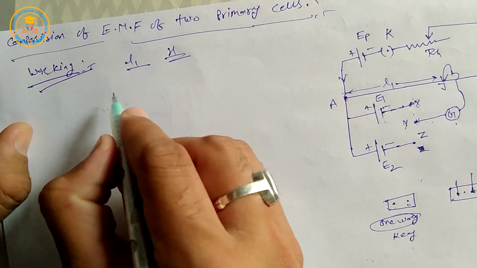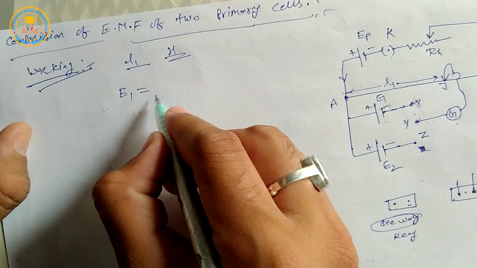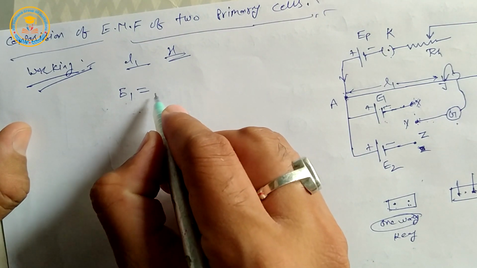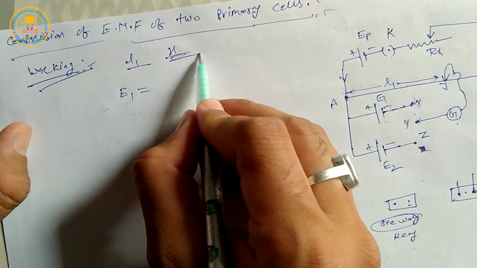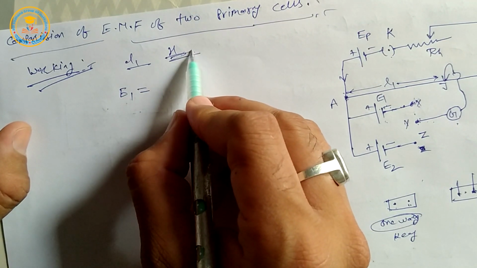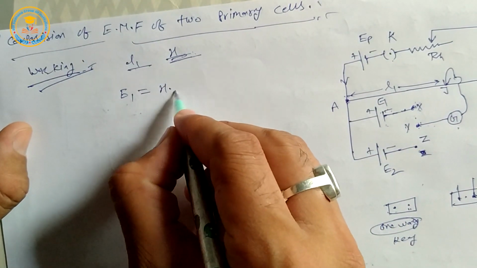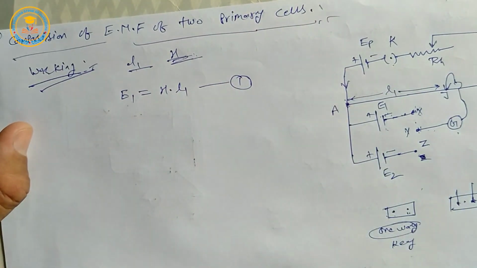So E1 is equal to X into L1, where X is the potential gradient, the voltage drop per unit length, and L1 is the length. This is equation number 1.